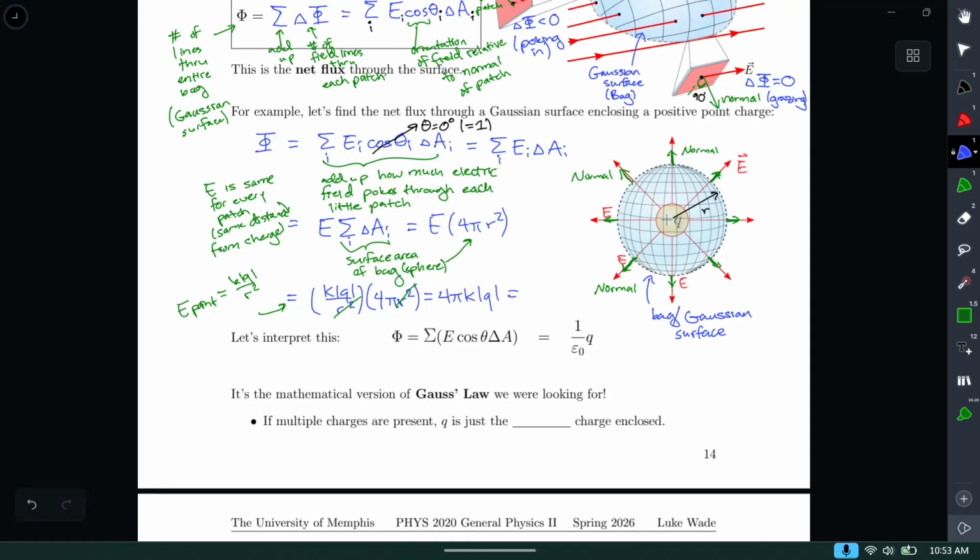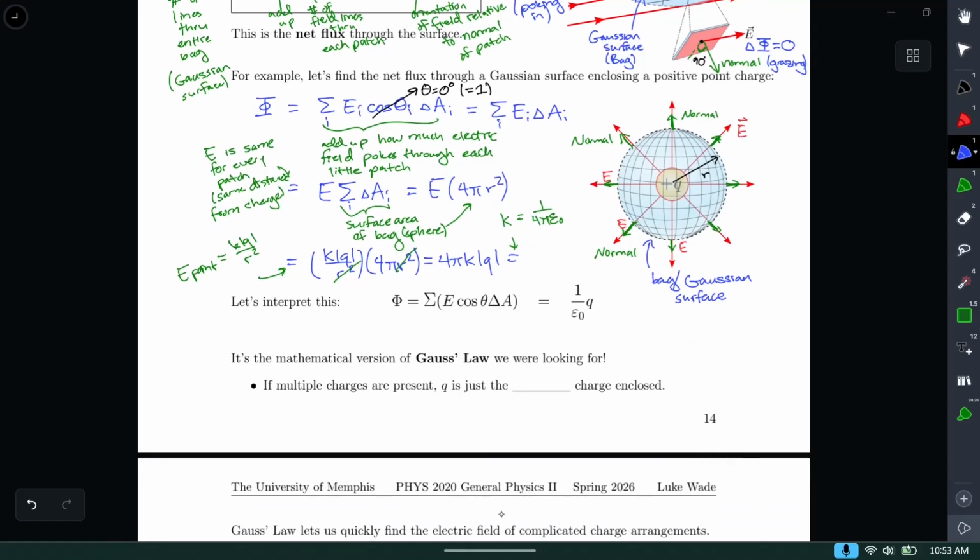The very last observation is to remember K can also be written as this number, this epsilon 0 thing. This is from very early on in the chapter. When we first introduced Coulomb's law, I said you could write that constant out front of it in terms of either of these things. I'm just going to write it in terms of the one on the right because it makes this whole thing look a lot simpler.